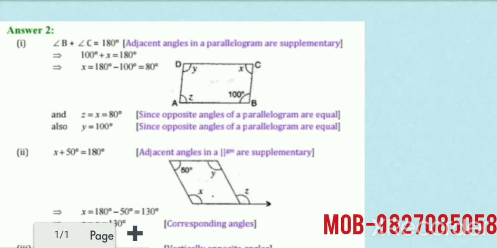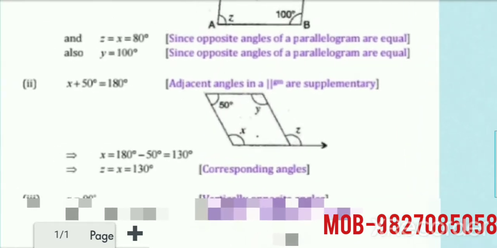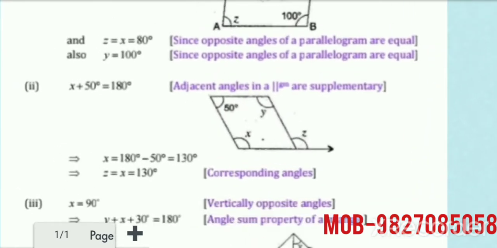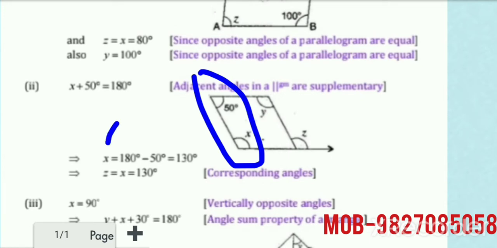Now second, in this question, firstly we can say x plus 50 is equal to 180, so we get the value of x is equal to 130.